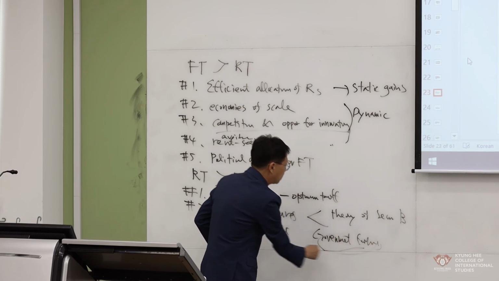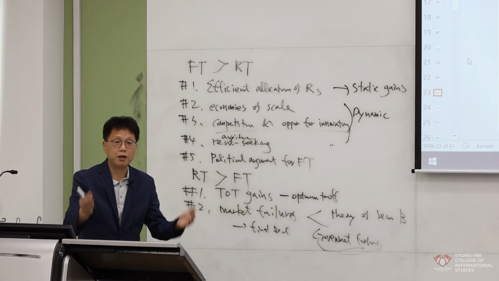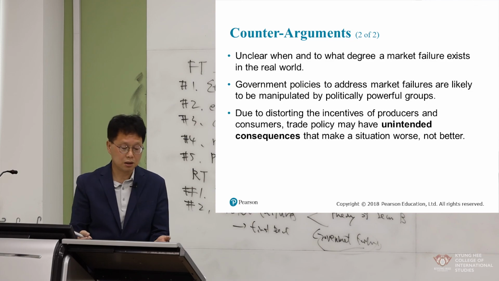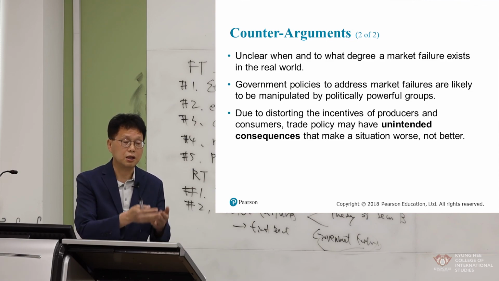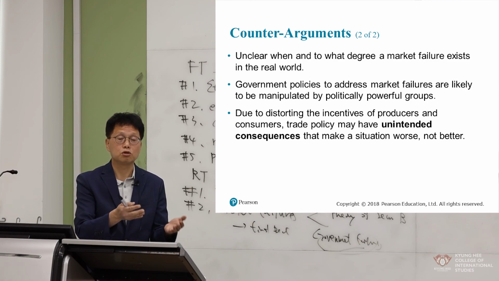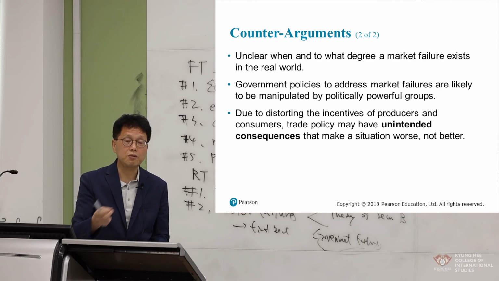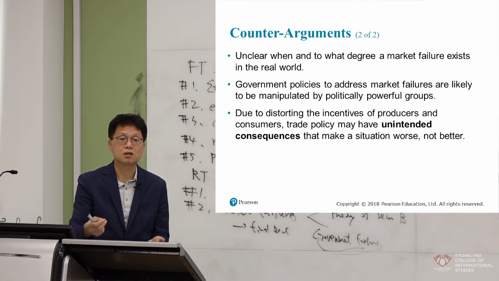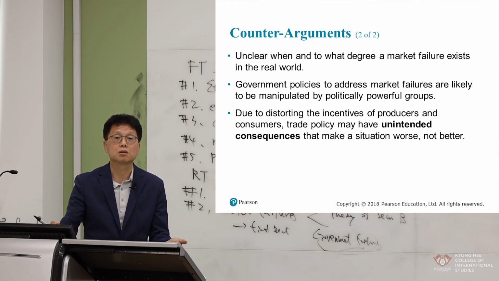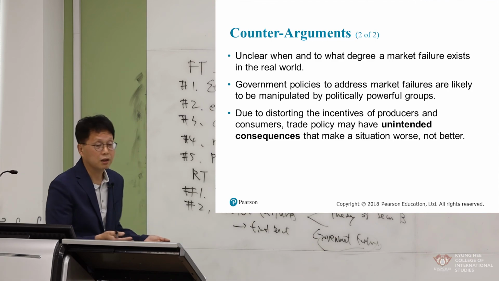What is the meaning of government failure? Market fails, then government can enter the market to remedy that problem, right? But sometimes, usually, this kind of government intervention results in more loss, more problem than the market failure problem.